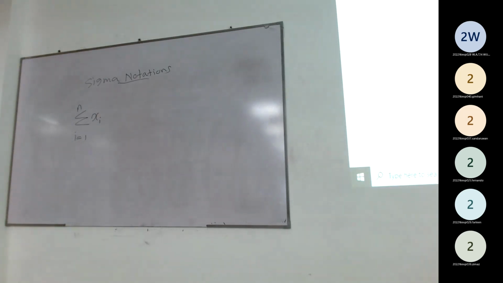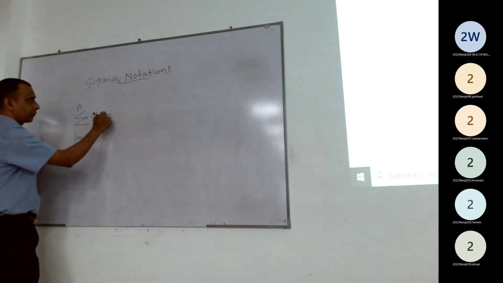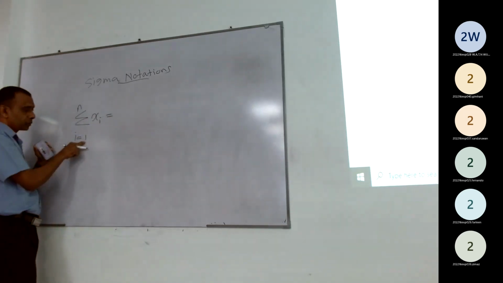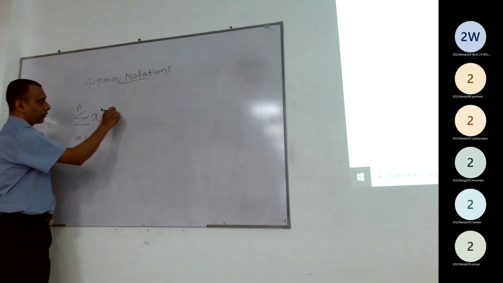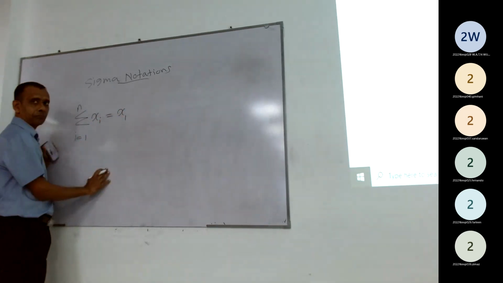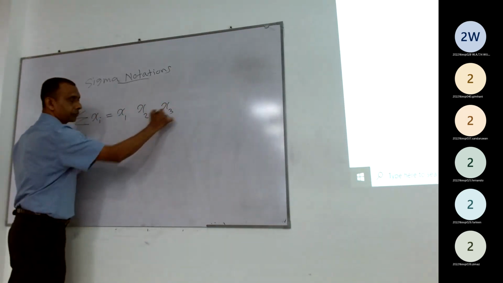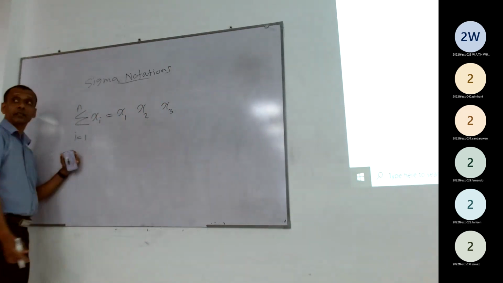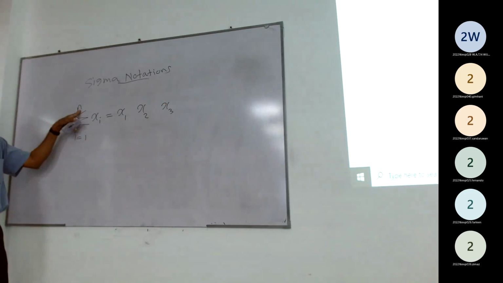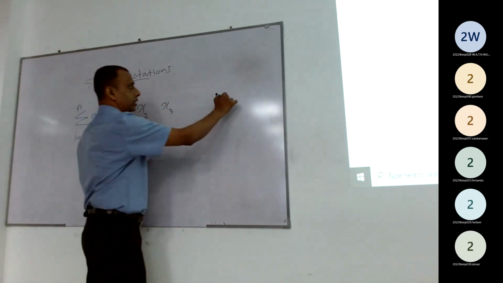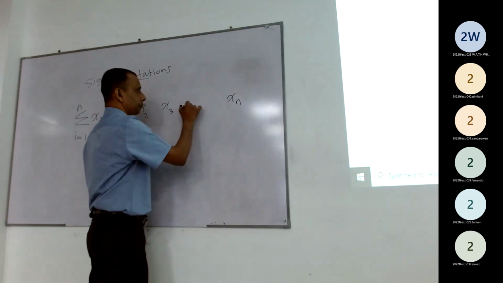What is meant by this? This means you start from this point, i equals 1, x1, x2, x3, like that to the last one, n, xn.